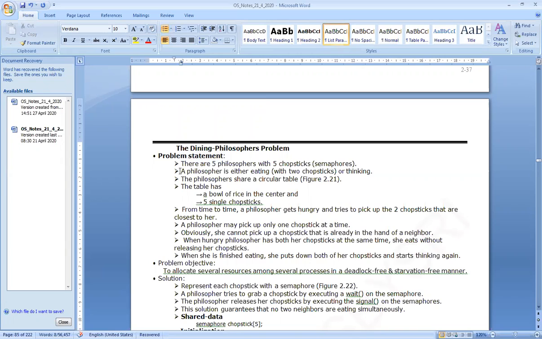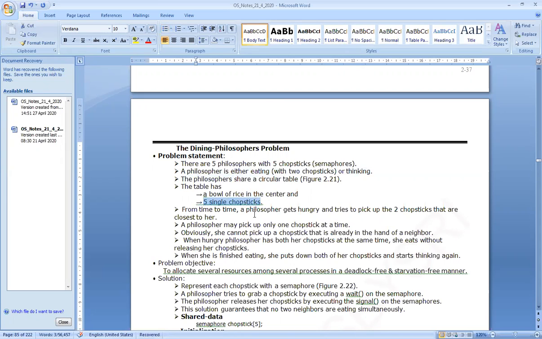A philosopher is either eating with two chopsticks or thinking. So that is the problem definition, where the philosopher may be using the chopsticks for eating, or may be simply holding a chopstick and thinking. The philosophers share a circular table. The table has a bowl of rice in the center and five single chopsticks.